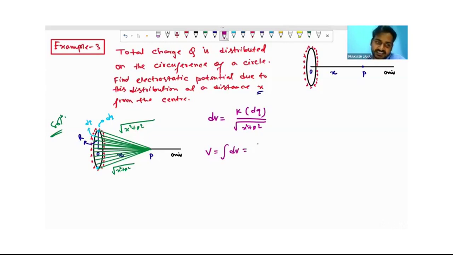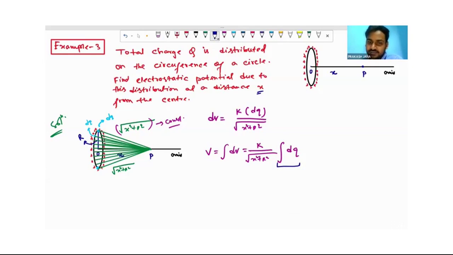Here, see, the distance root of x square plus r square is constant for every elementary charge. So we will take this k and this root of x square plus r square out of the integration, and we will integrate dq only. What is the integration of dq?